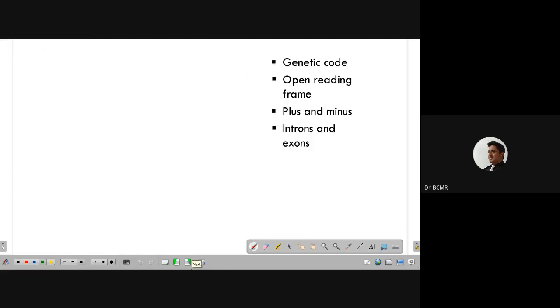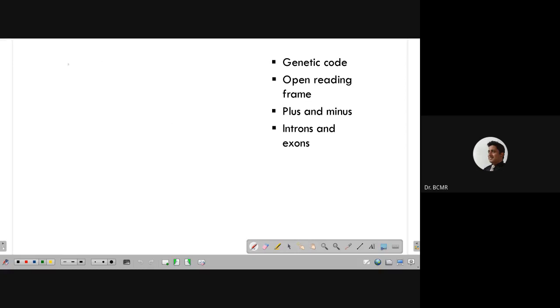And next, I also want you to understand a few words before we go. This is terminology. Some of them I already covered. Genetic code. What is a genetic code?